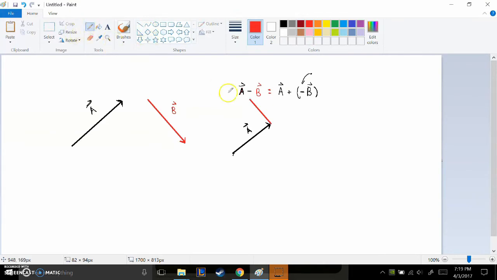I'll put the minus sign in, just to indicate that this is minus B, which is the opposite of this particular vector B right over here. So now the resultant vector points from here to here, because we can tell by the tips of the arrows which direction they'll sum up into.